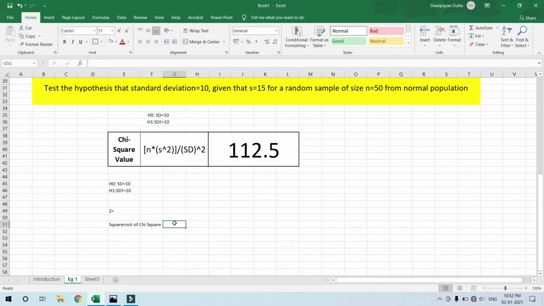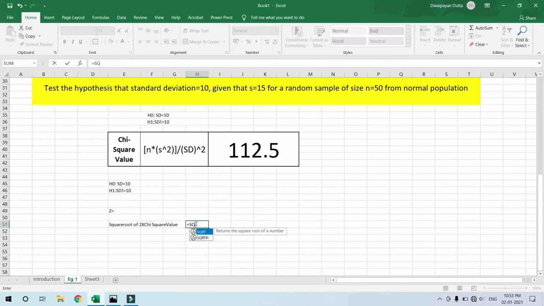So square root of chi-square is, sorry, it will be 2 into the calculated value of chi-square.